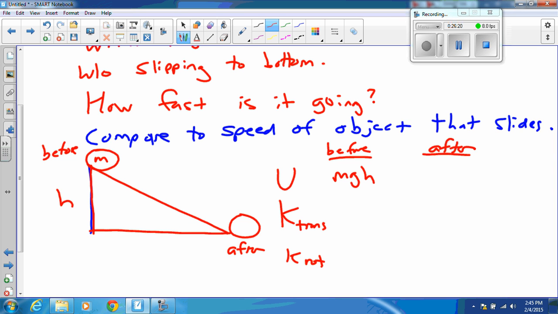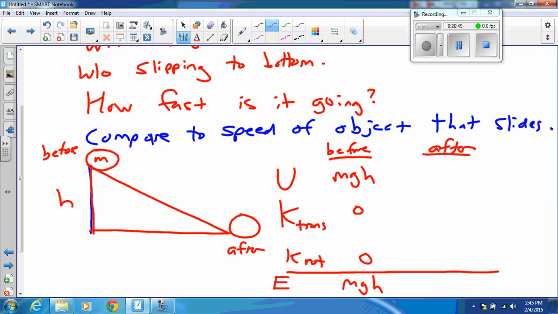mgh, right? Translational? What is the velocity in the before situation? Zero. All right, so what is the kinetic energy? Zero. And rotational? Zero also, because it's not rotating. So my total before is mgh.